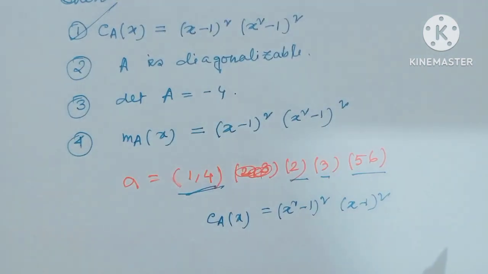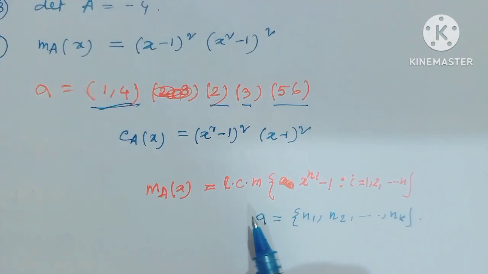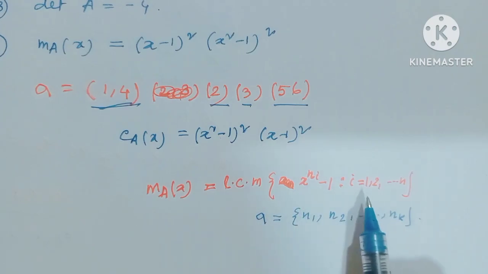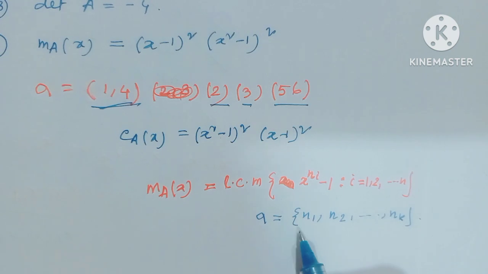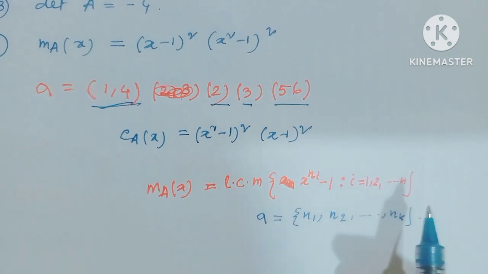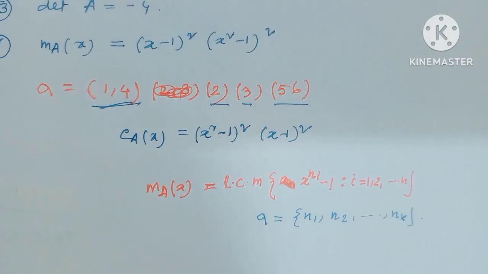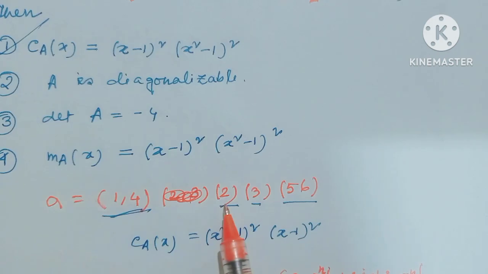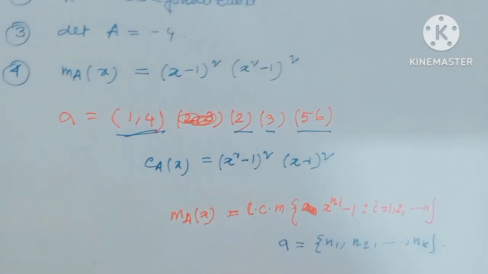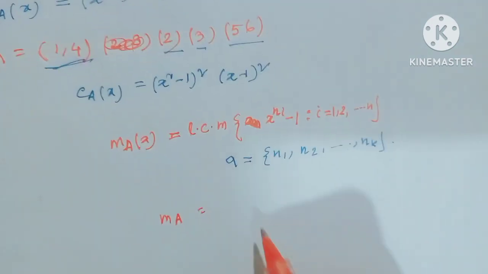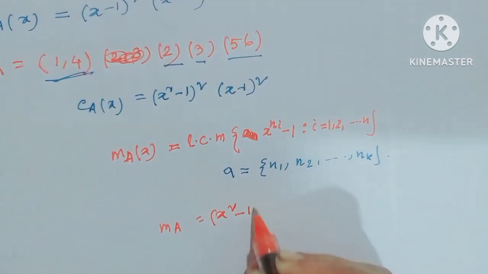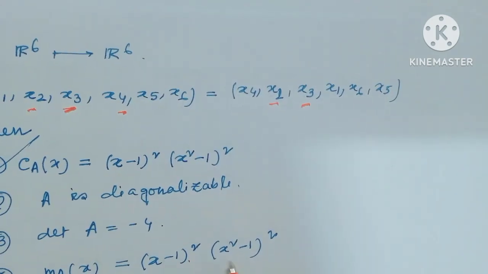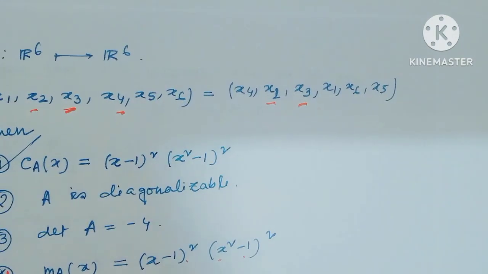And the minimal polynomial is always the LCM of the set x to the power n_i minus 1, where sigma has cycle lengths n1, n2 up to nk. So the minimal polynomial would be the LCM of 2 and 1, which is x square minus 1 times x minus 1. But here it is given as x minus 1 whole square times x square minus 1 whole square. This is the wrong option.